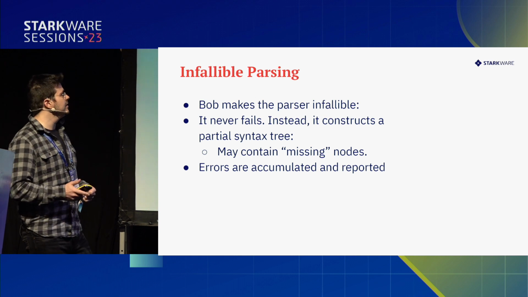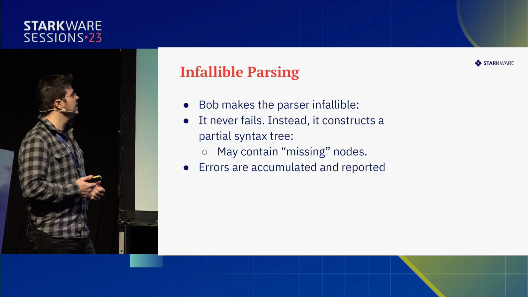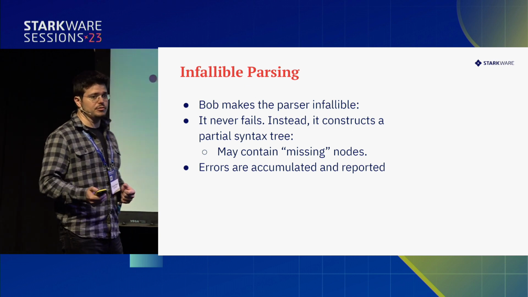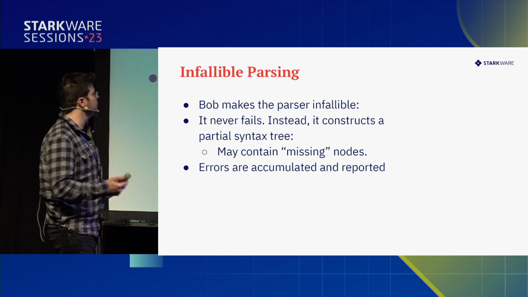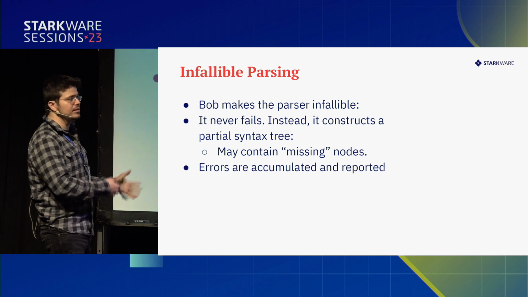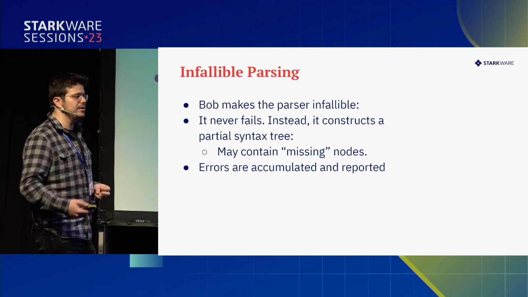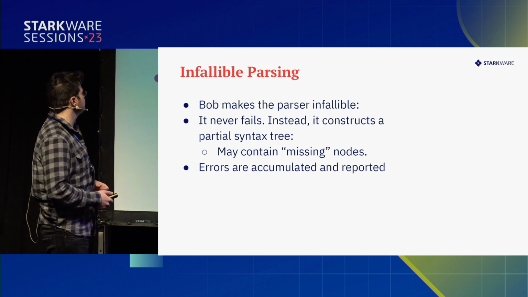Instead of failing, the parser tries to recover from its own errors. It always returns a syntax tree. The syntax tree might be partial, might be missing some nodes in the middle, but it always brings some syntax tree. And along with this partial syntax tree, he brings some accumulated syntax errors as it goes.